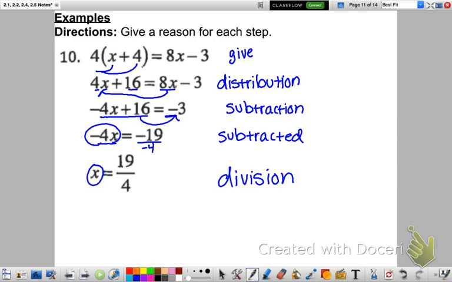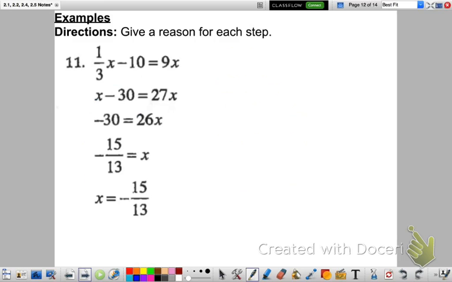Okay. Let's look at another one. Very first is always given. Now, we want to see how did they go from 1/3 x to x, negative 10 to negative 30, and then 9 to 27. They multiplied.